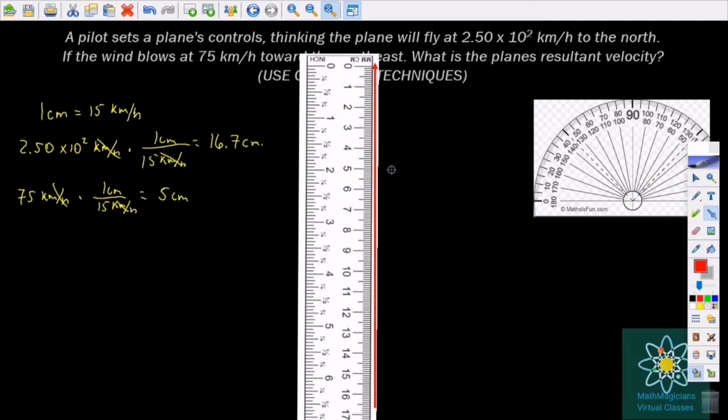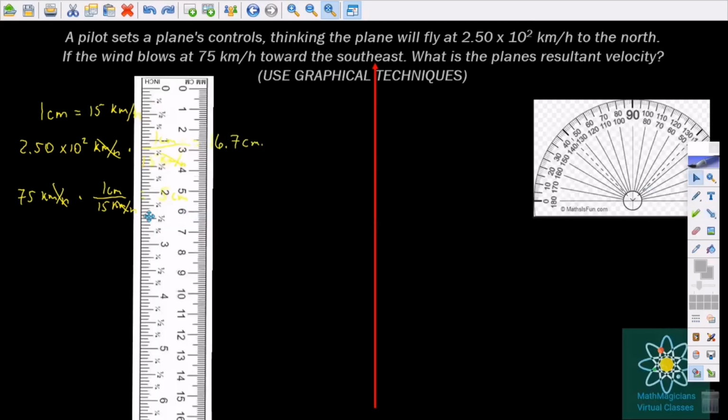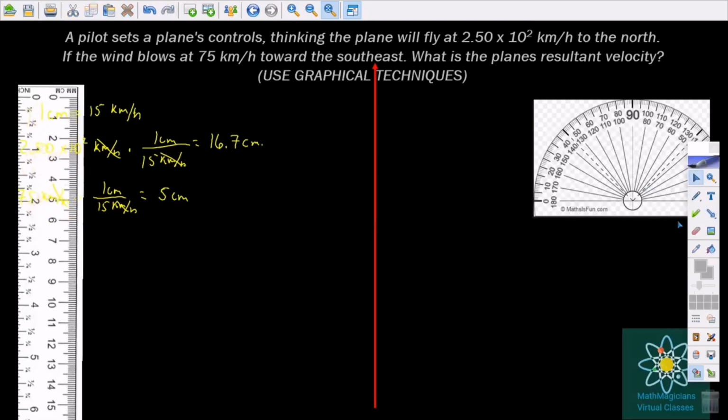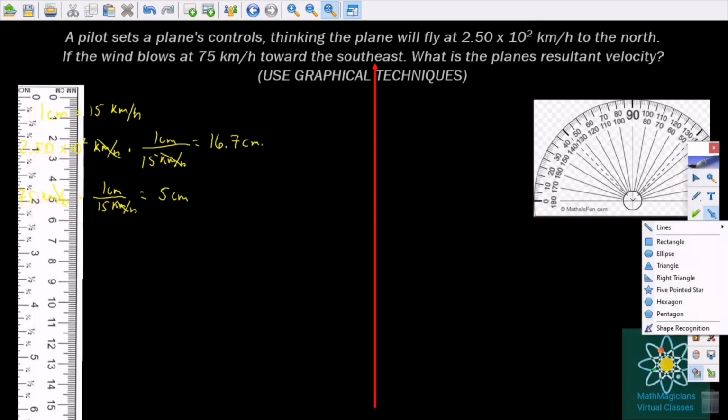Then it says that if the wind blows at 75 kilometers per hour toward the southeast. Now, toward the southeast, we have to find a conversion. But before we do that, we're going to check something.